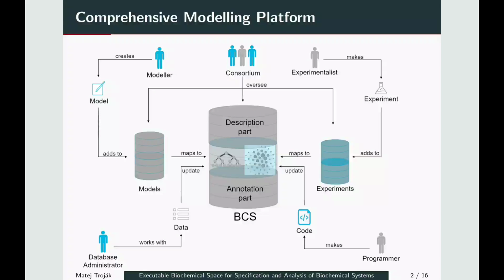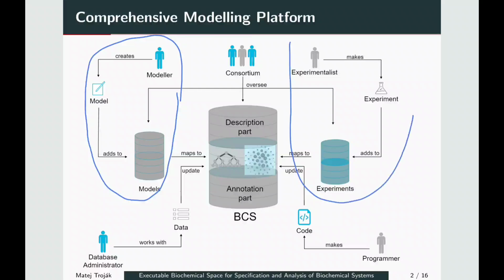To help and target these issues, we are developing so-called comprehensive modeling platform. This platform consists of several modules. One of them is modeling part, another is experimental part, and these parts are connected together in so-called biochemical space.